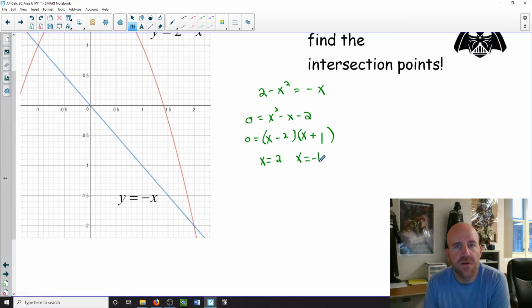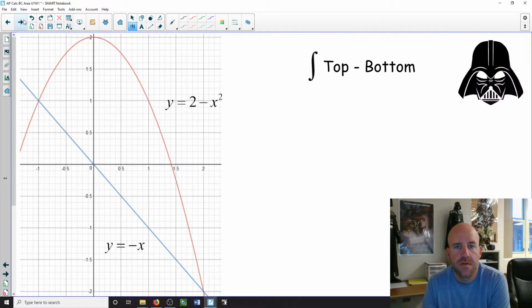Just like we knew they would by looking at the graph, but like I said, sometimes we don't have a graph or the ability to look at a graph. So these are going to be used as the boundaries. Now area between two curves is given by this: the integral of the top equation minus the bottom equation.